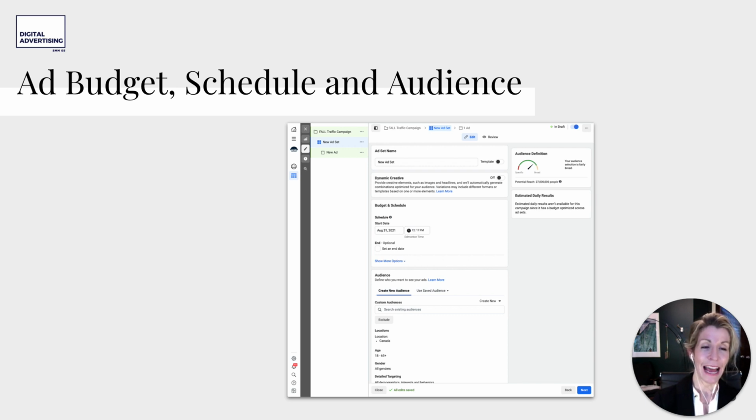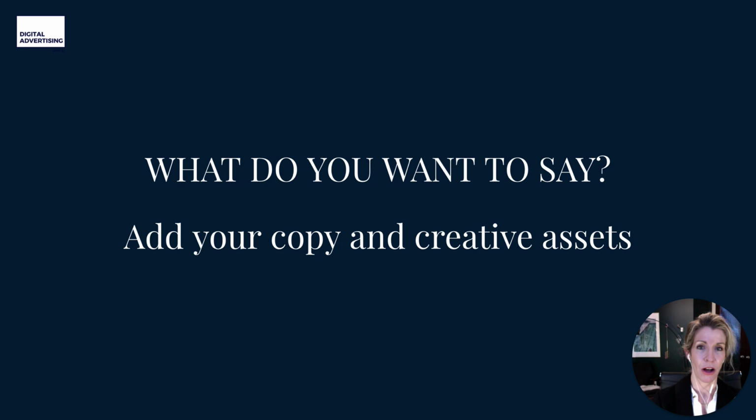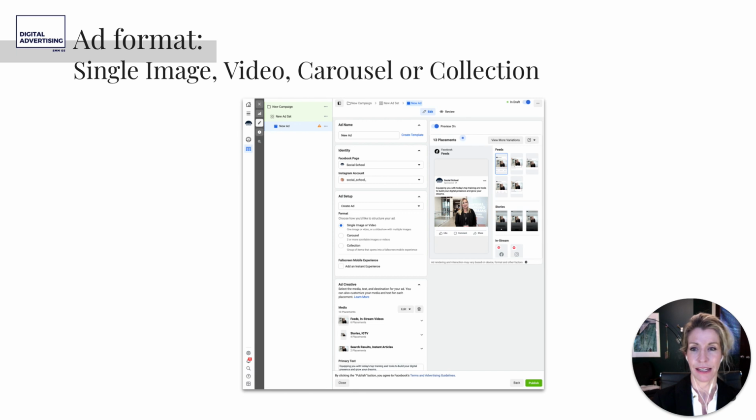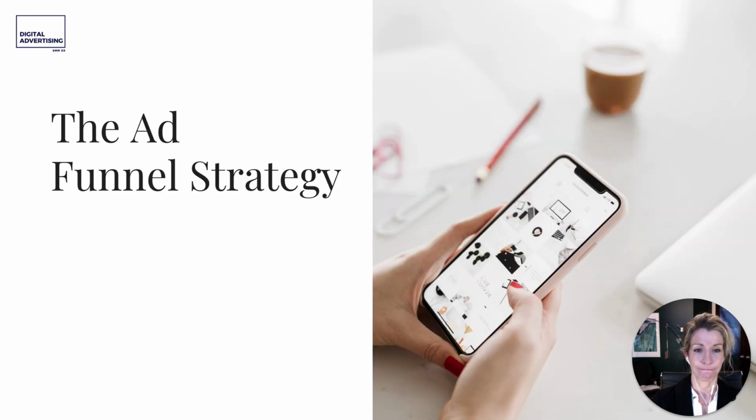You know exactly who is getting this ad, and you pop that audience in there. And it takes no time at all then to build your campaign. And then what do we want to say? Well, this is where we add our copy and our creative assets. Whether it's a single image, a video, carousel, or a collection, this is where we get to make those choices at the ad level when it comes to format.